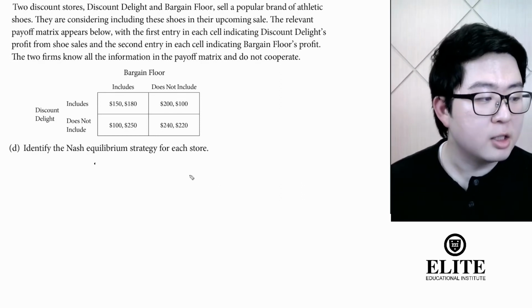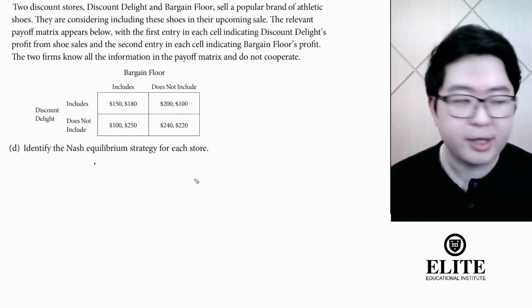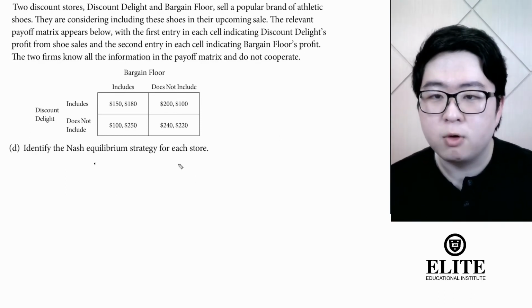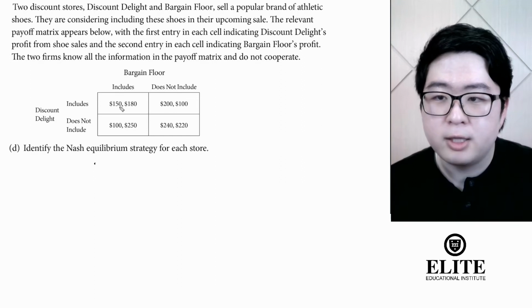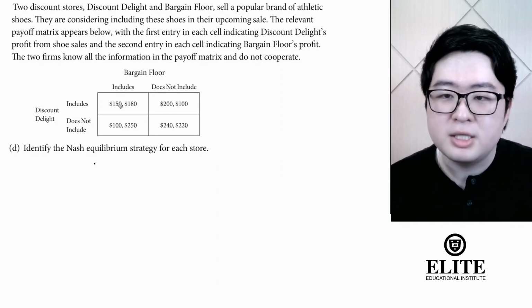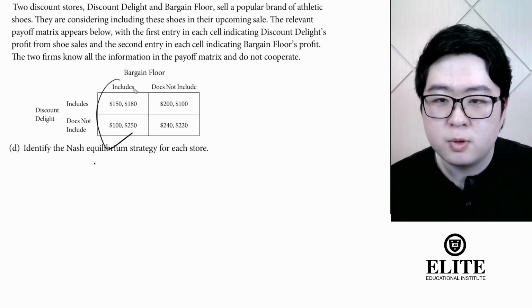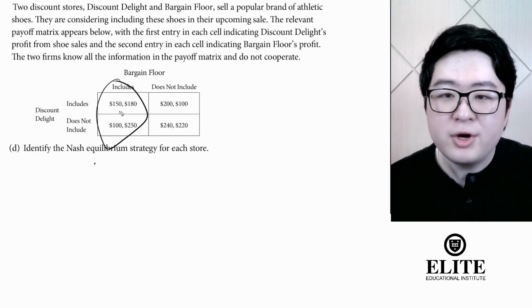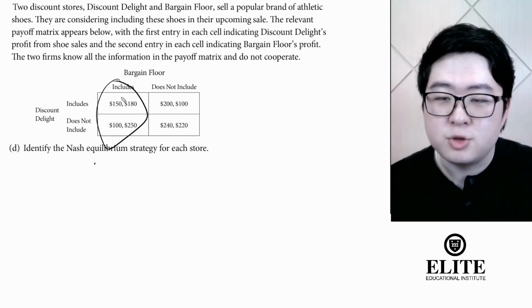So let's go ahead and take a look at discount delight first. In the case that bargain floor chooses to include, is discount delight going to include or not include? It's a choice between 150 or 100. Very clearly, discount delight is going to choose to include.